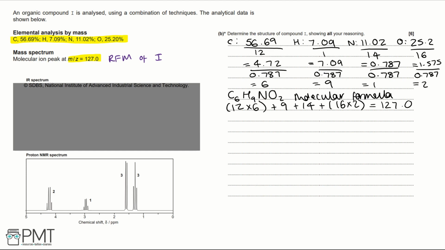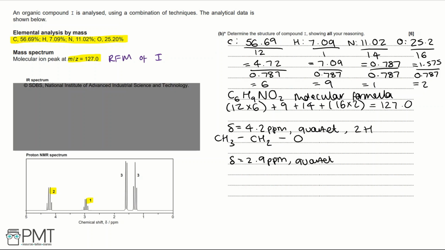Then we're going to start looking at our spectra. So we don't have the IR spectrum, but we do have the proton NMR spectrum. So this peak has a chemical shift value of 2.9 ppm, and it has a quartet splitting pattern also because there are 4 lines in the peak. But there's only 1 hydrogen in this environment.